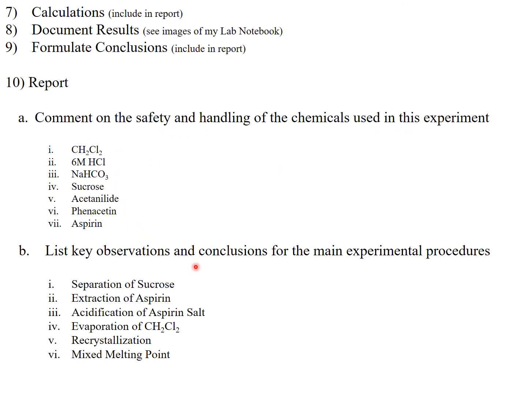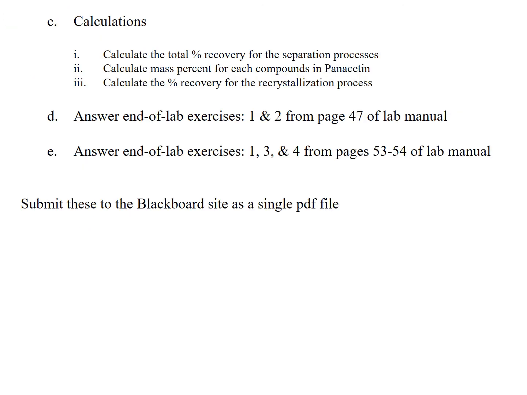You need to list the key observations and do a little discussion and conclusions for the main experimental procedures: the separation of sucrose, the extraction of aspirin, the acidification of the aspirin salt, evaporation of methylene chloride, recrystallization, and mixed melting point determination. You should discuss the process a little bit and show the principles behind that process.